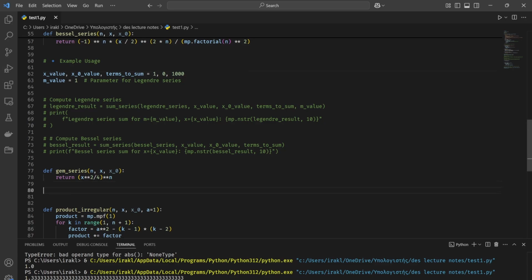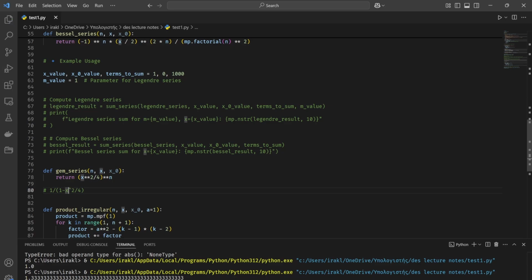You can easily check that this will coincide with the actual limit, which was 1 over 1 minus x squared over 4, right?